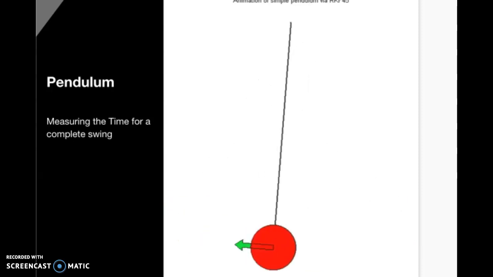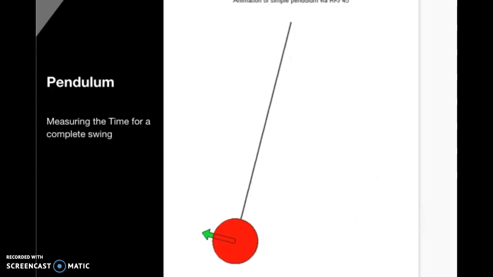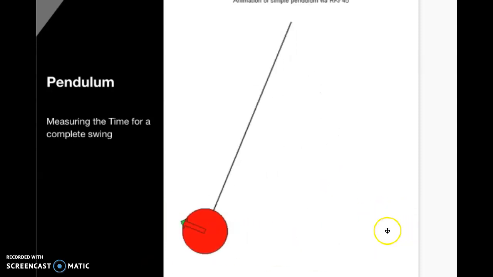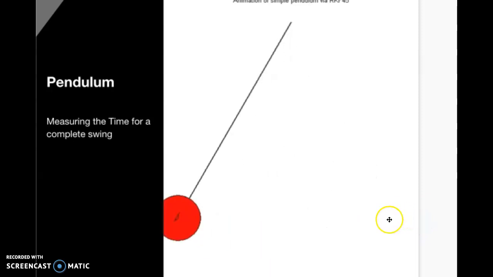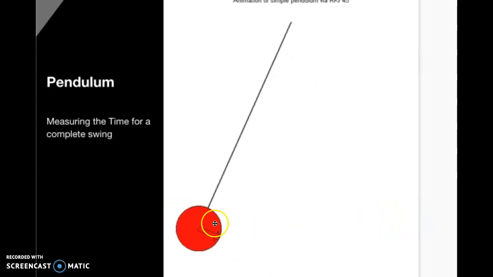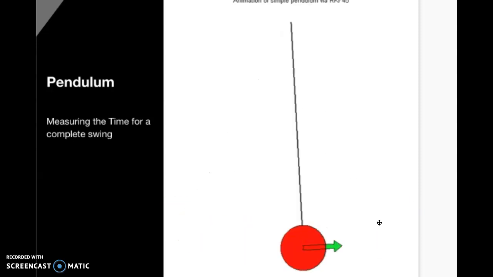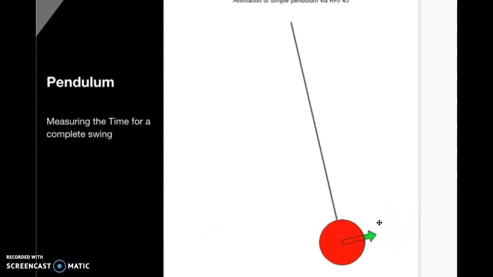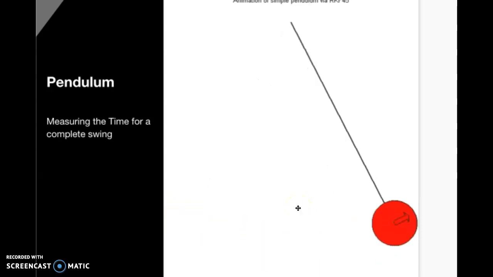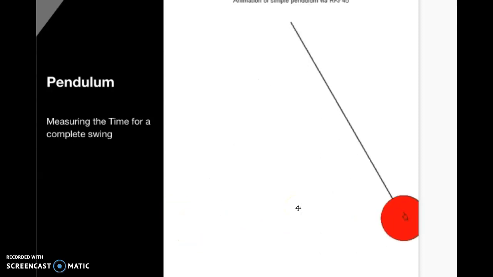But we would say that your results are precise if you measure how long it takes for one swing. That means from here to here again. And your results always come out to look the same. So if you get 4.1 times 10 to the minus 2 seconds, you always get that answer.